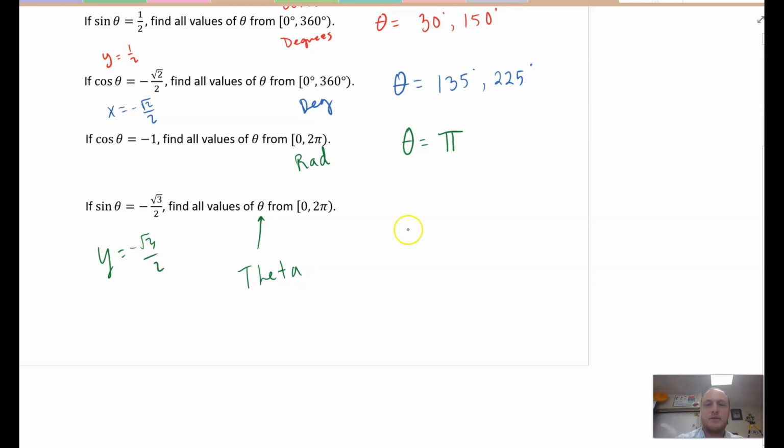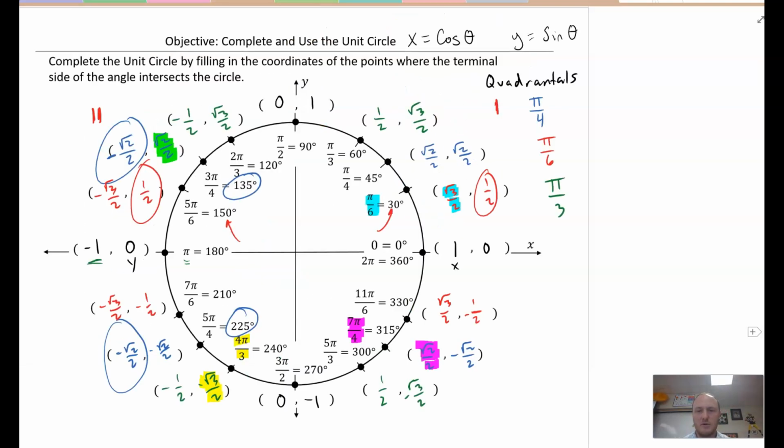So I go to my unit circle. I know it's going to be in quadrants 3 and 4 because it's negative. I want my y value to be negative √3/2. Here's one. Whoop, I found it. Here's the other one.